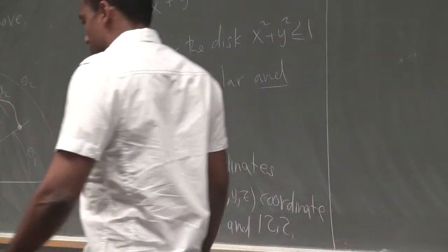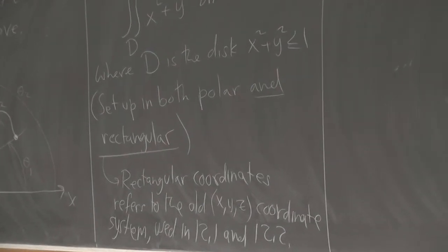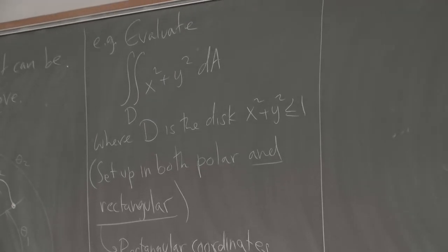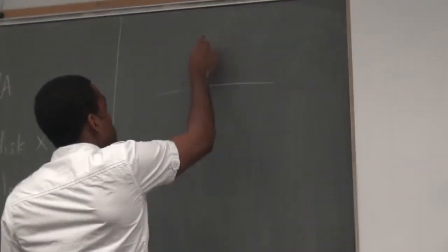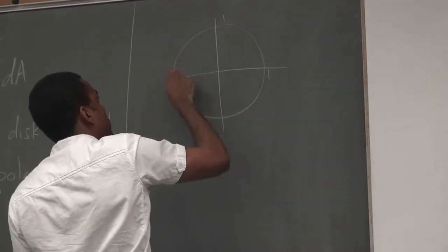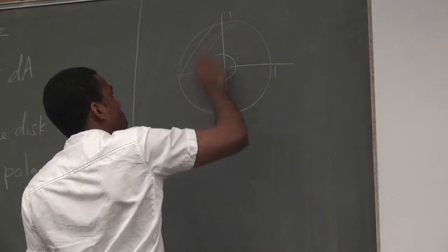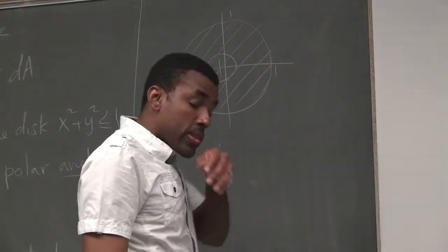Okay, how do we evaluate this integral? Let's set up in rectangular first, since I think we should know how to do that. D is this disk of radius 1. Now, if I were to set that up with rectangular coordinates, how would it look?